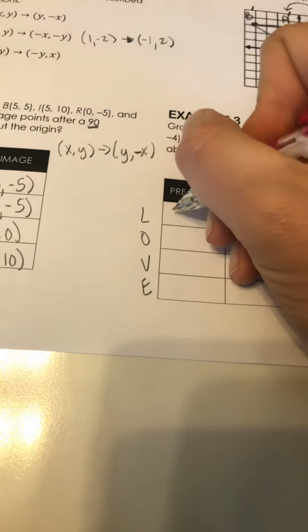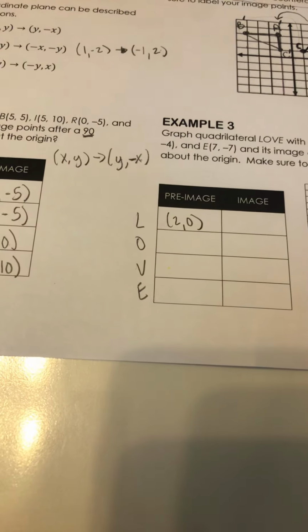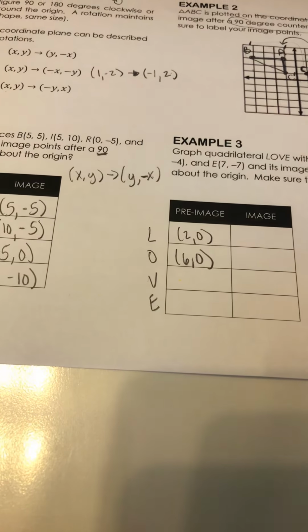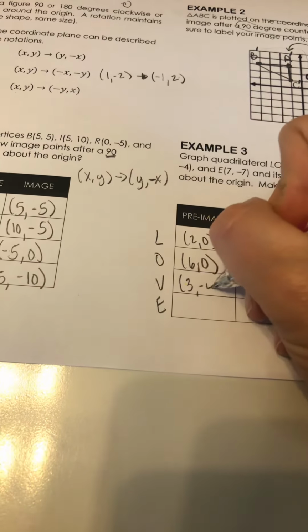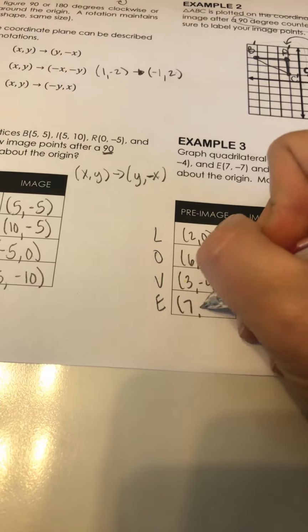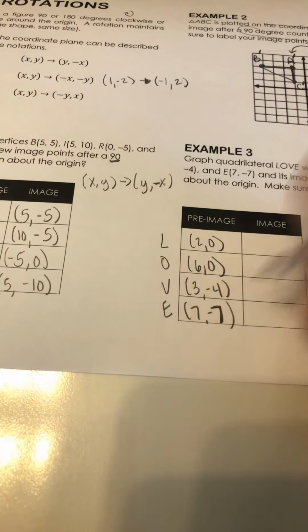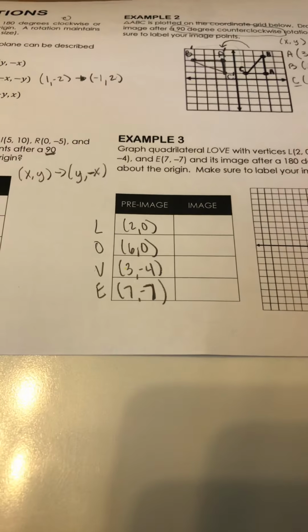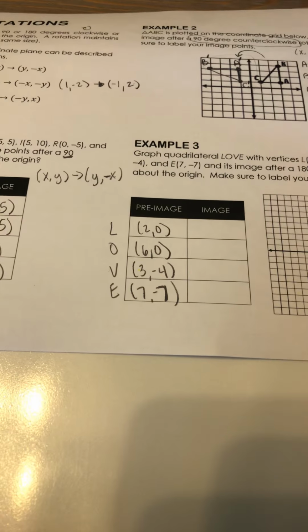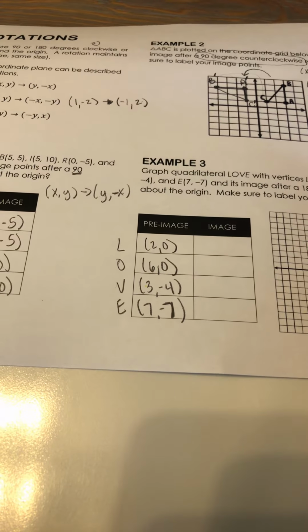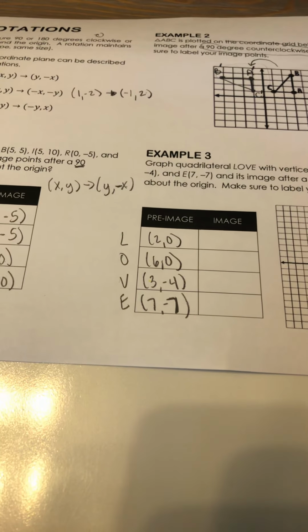And we're going to be at 2, 0; 6, 0; 3, negative 4; and 7, negative 7. So I'm going to plot all those first. So 1, 2, 0. 6, 0. 3, negative 4.